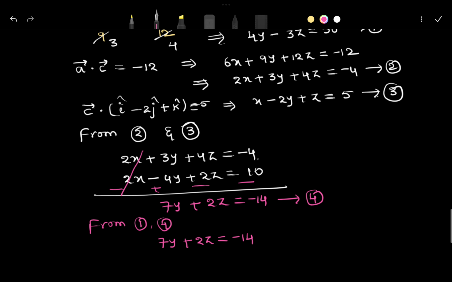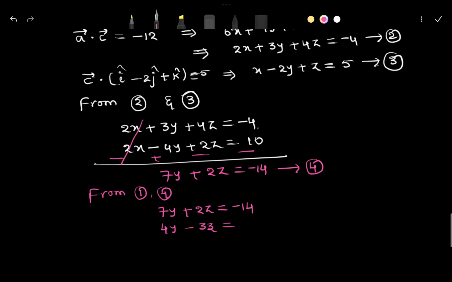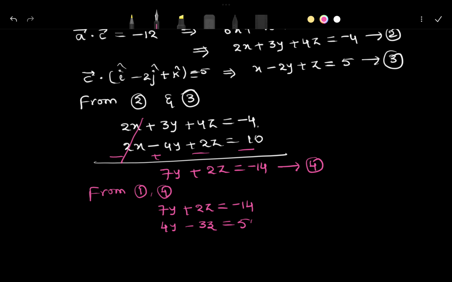And what is the other equation? 4y minus 3z is equal to how much? That is 50. By solving these two, how can we solve this one? Multiply this one with 3 and this one with 2. Now by adding these two, 6z minus 6z will be cancelled.